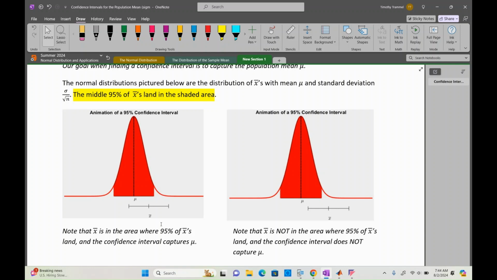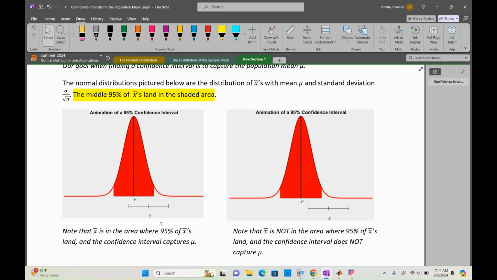What isn't necessarily clear, because it's not labeled, but I have it highlighted up above, is that the shaded region you see is where the middle 95% of sample means are going to land. In other words, that shaded region goes to the right about 2 standard deviations from the mean, and about 2 standard deviations to the left of the mean. We learned the empirical rule at one point: approximately 95% of the data is within 2 standard deviations of the mean.